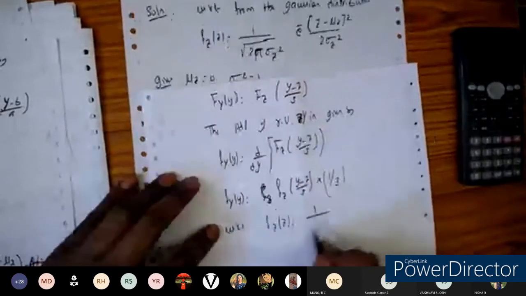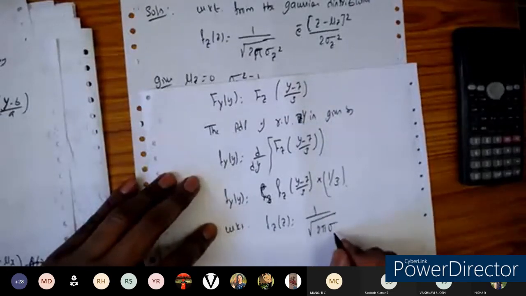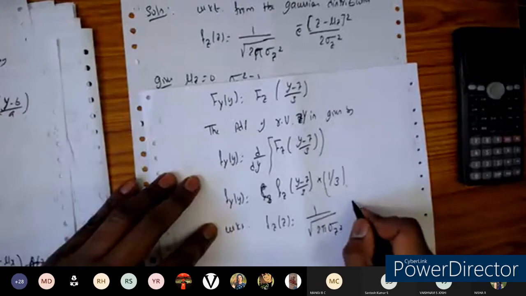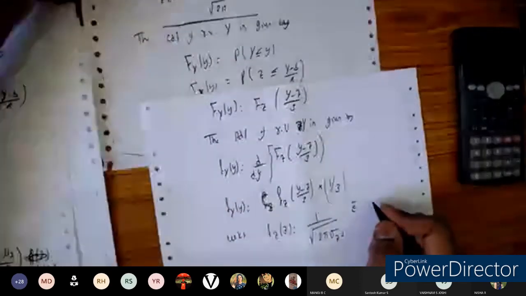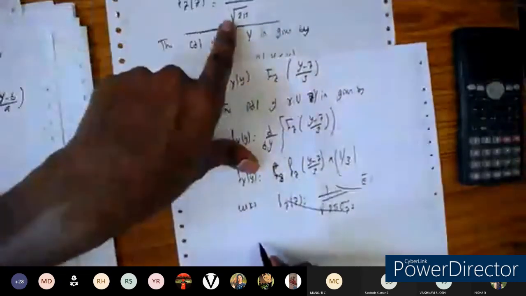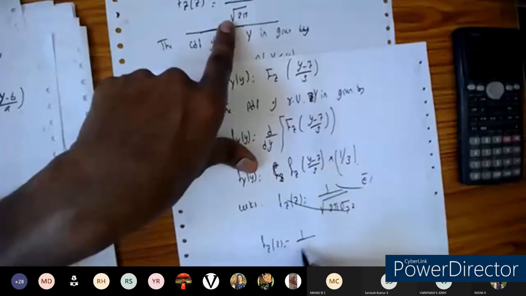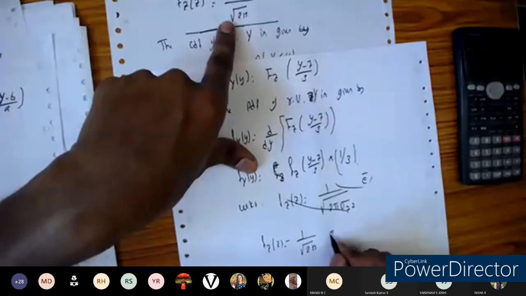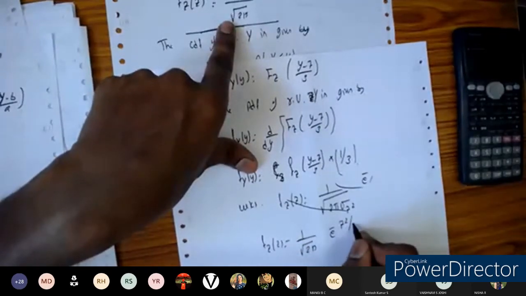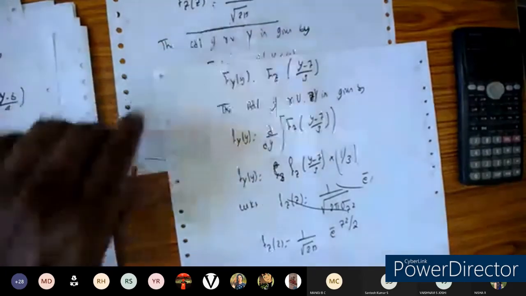We know that fZ of z is 1 divided by square root of 2 pi into e to the power of minus z square by 2. Sorry, I'll write the final expression. So fZ of z is equal to 1 divided by root of 2 pi into e to the power of minus z square divided by 2.